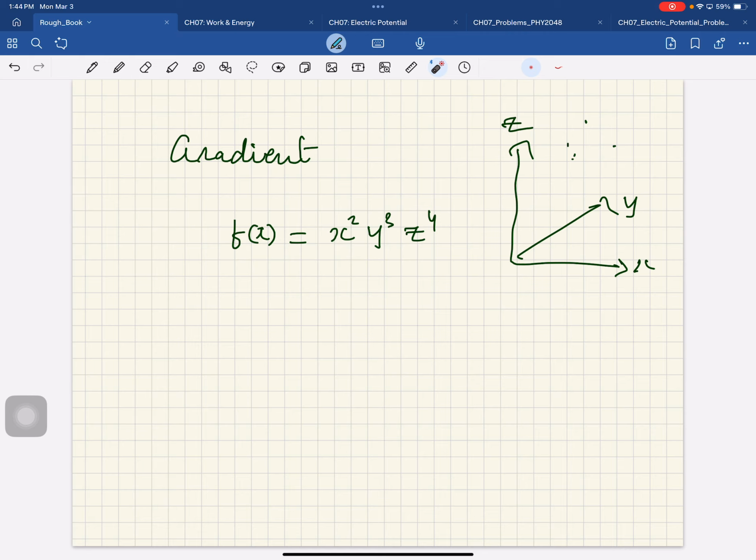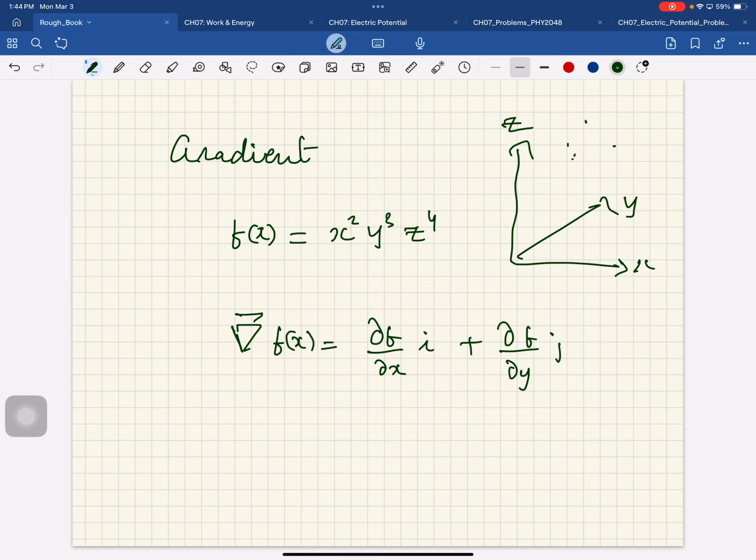Then you can ask, in which direction is the temperature increasing the fastest? That is given by the gradient of the function. The gradient of the function is del f by del x i, plus del f by del y j, plus del f by del z k.